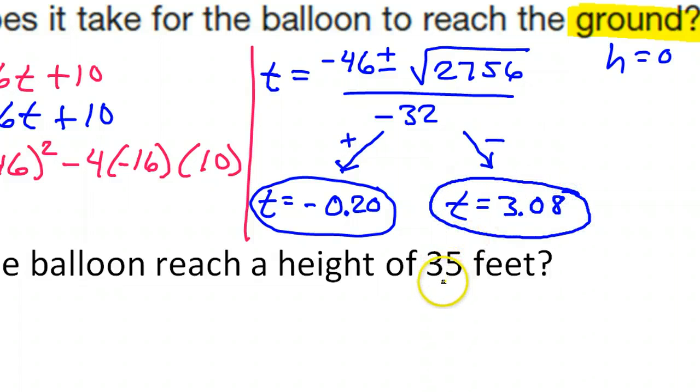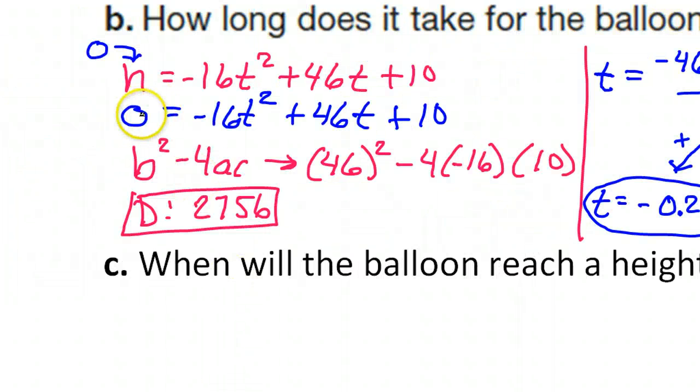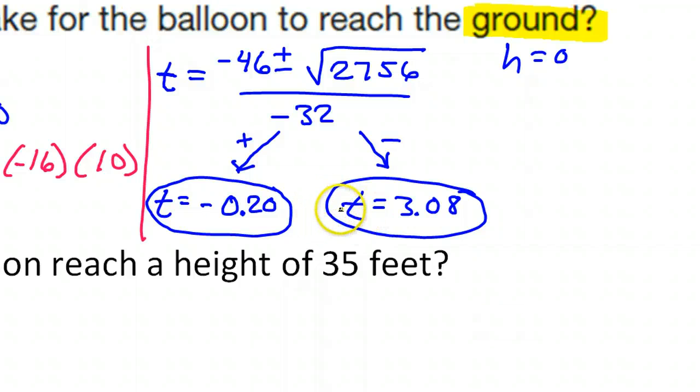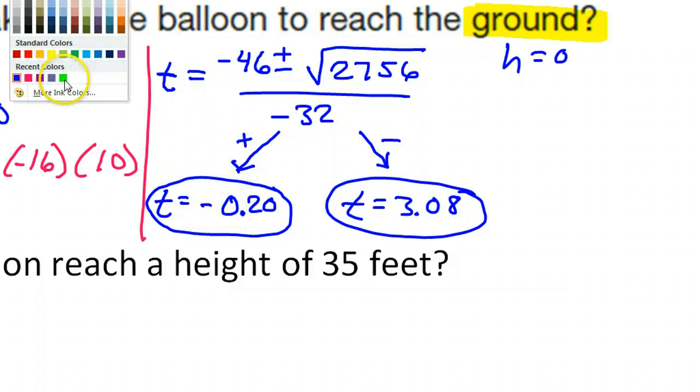Okay. Alright, so these are the times that would give us a height of 0, because remember, we got this by setting it all equal to 0. But only one of these times makes any sense. Is it possible for the balloon to hit the ground 0.2 seconds before we threw it? No. You can't go back in time. We do not have a time machine.